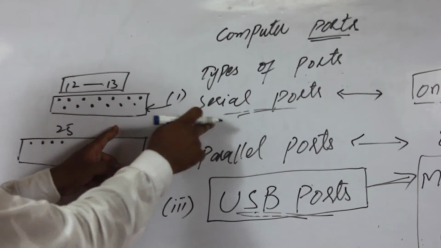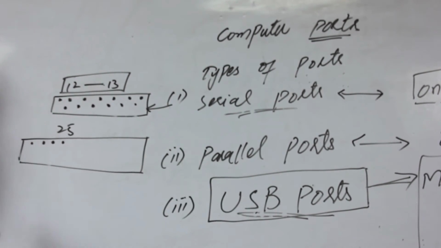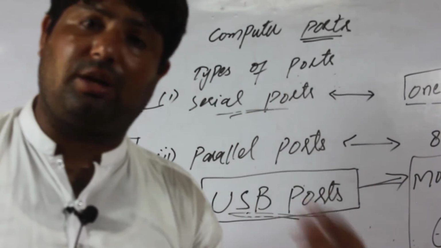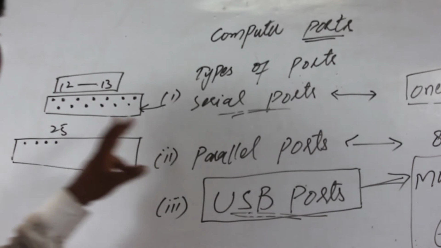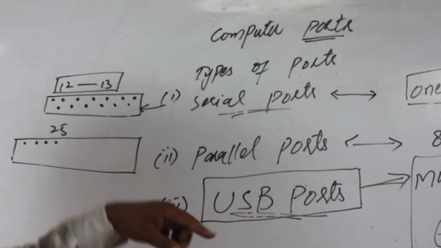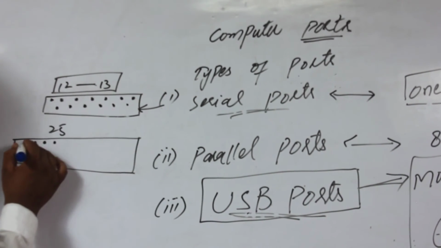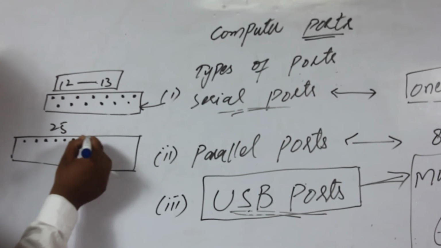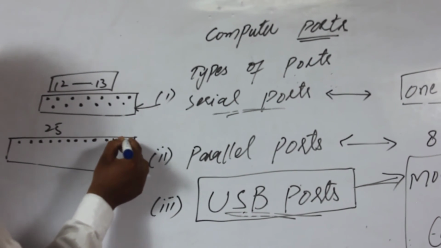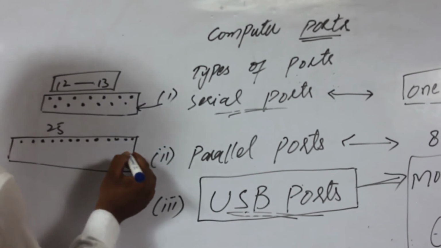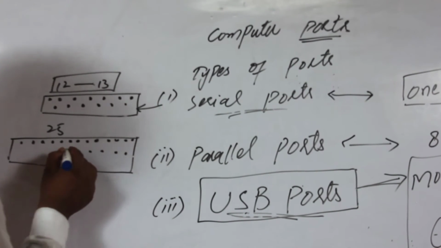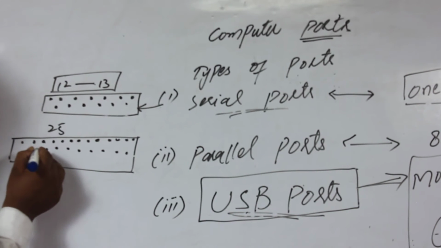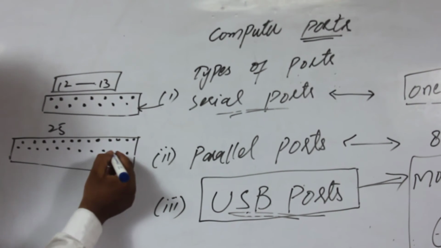In the serial port, only 12 or 13 pins are attached to the computer. In the parallel port, 25 pins are attached to the computer.